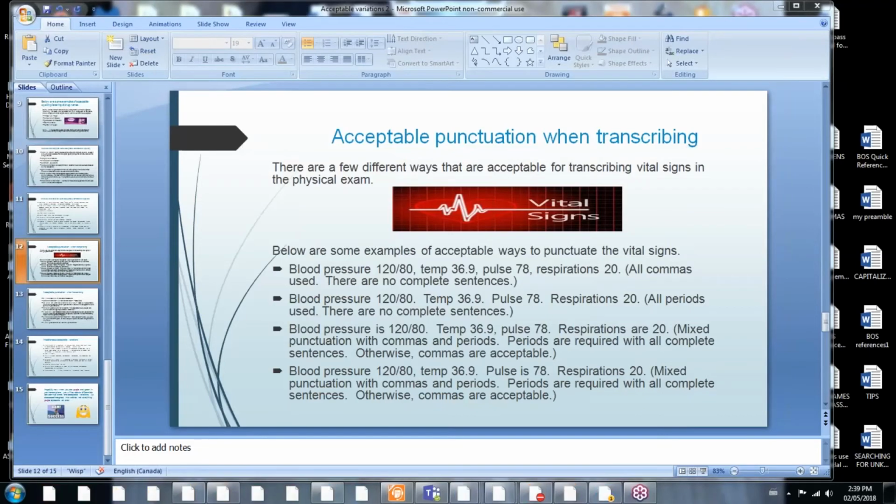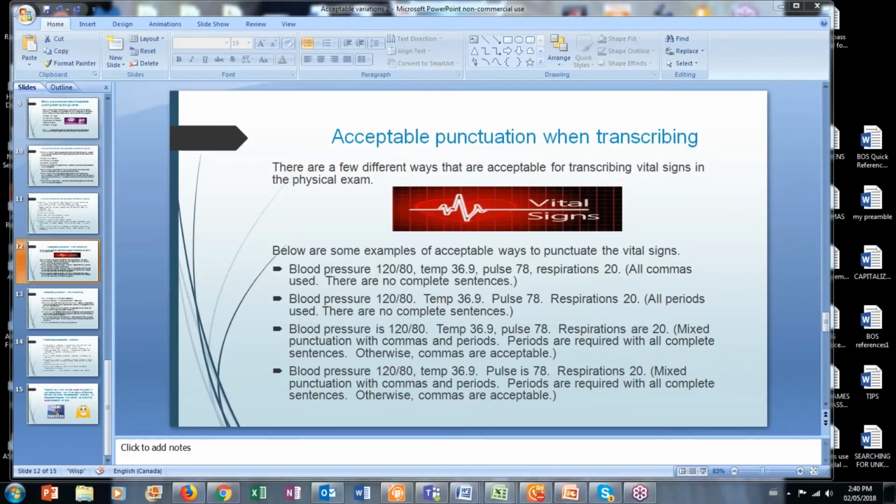Since the verb was dictated here, it has to be a period after that. Now what comes after it? Temp 36.9, pulse 78. You can follow those with periods if you want, but because neither of those are complete sentences, it is acceptable to separate them with a comma.